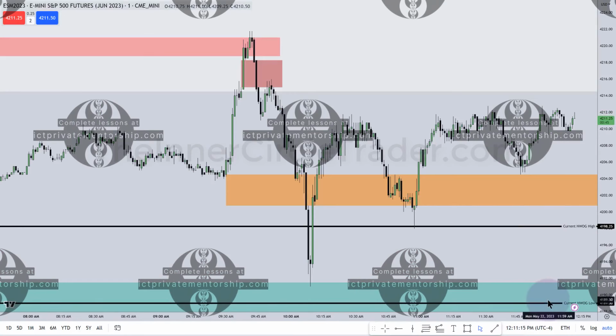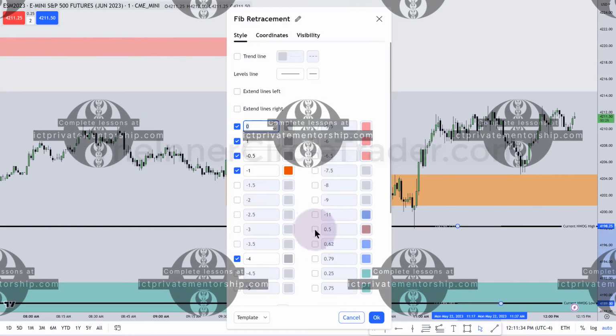And then the consequent encroachment is the midpoint. So we'll add that now. So 4198.25 is the high. Drag that down to 89 even. Double tap. Drop that in here for the consequent encroachment midpoint.